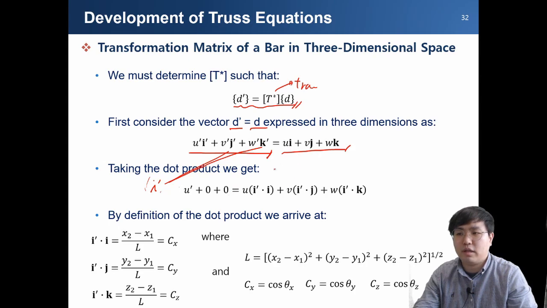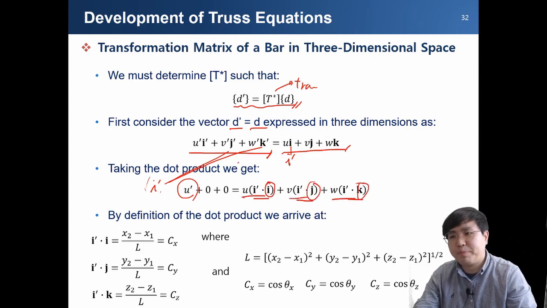We don't know yet the relationship between i, j, k and i prime, so we cannot say yet. Anyway, u prime can be expressed with the global coordinate quantities.